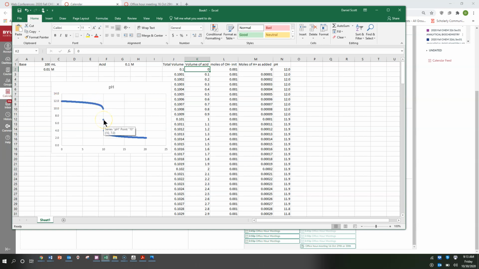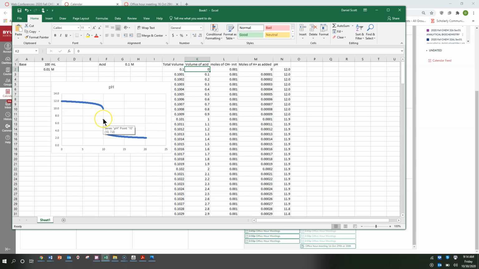As soon as you run out of base and there's no acid or base, this is the end point, and the pH at that point is going to be governed by the conjugate base of our weak acid, or I should say not the conjugate base, but just the base that remains from any weak acid.